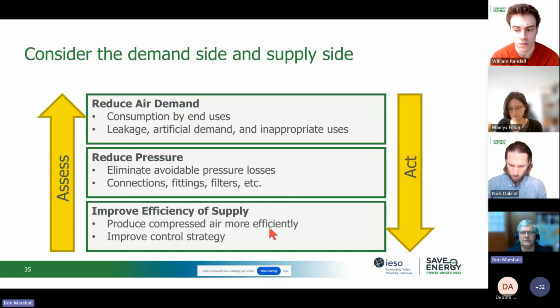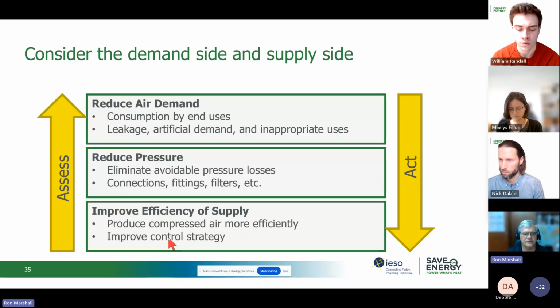So when we're trying to optimize or reduce the operating cost of a system, we should be looking at both the demand side and the supply side and how they interact, right? Taking the systems approach, right? So we might assess, right? We look at, and this is usually where the first step is, looking at how well the compressors are operating, right?